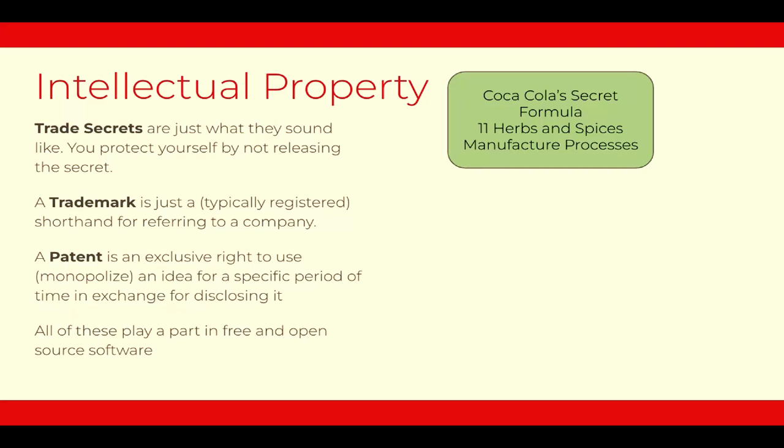You may have a special manufacturing process that allows you to create computer chips with very fine traces and nanometer scale process control, right? Those are trade secrets. If you haven't published them and you haven't told anybody, then they're yours to keep until somebody else figures them out. And that's the problem with a trade secret.